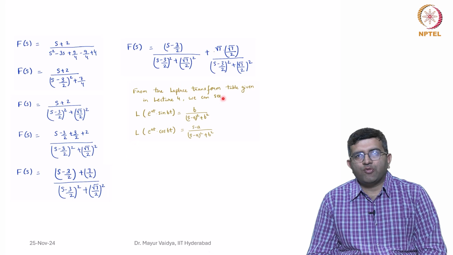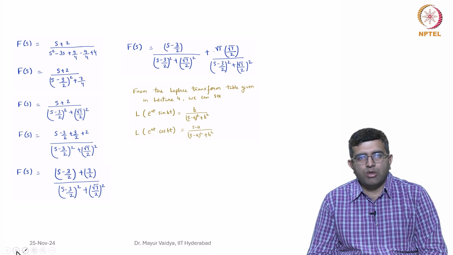Again, from the table you can see that if you have the function e power at into sin bt, the Laplace transform of it is b by (s minus a) square plus b square, whereas if you have e power at cos bt, then you have (s minus a) by (s minus a) whole square plus b square.